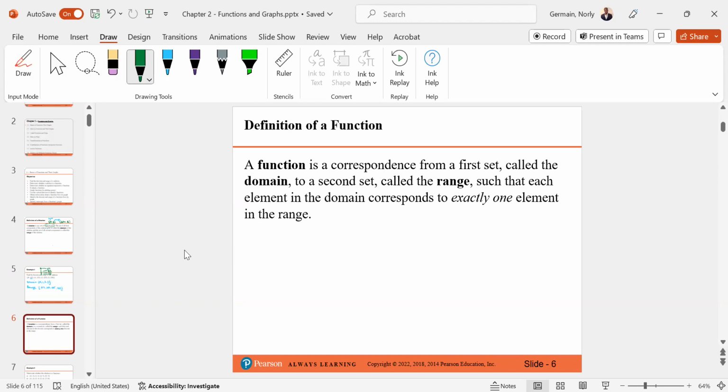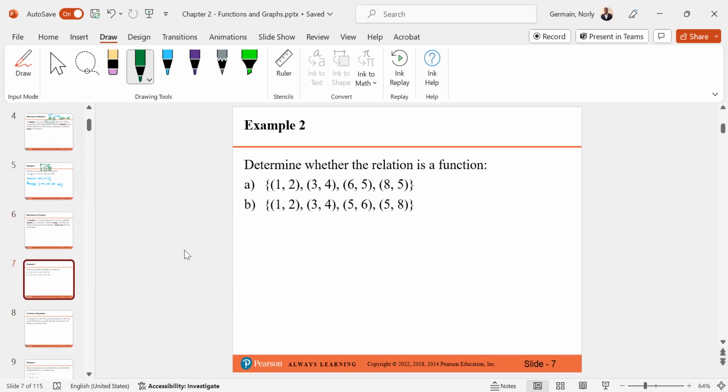So a function is a relationship in which no two ordered pairs have the same first component and different second component. So I'm hoping you can remember what I said, or just stop the video and review it again. I know it's very important for you to see that.